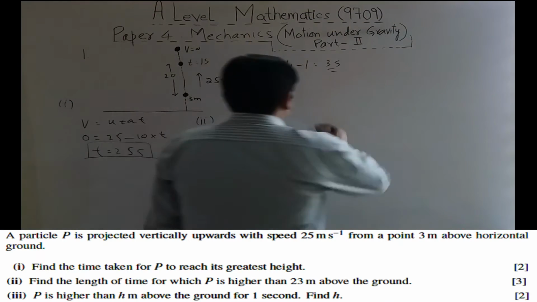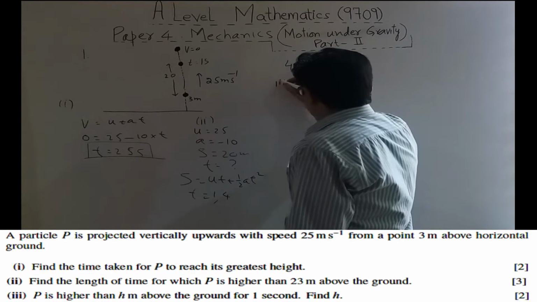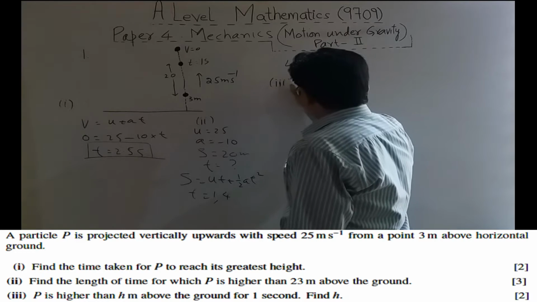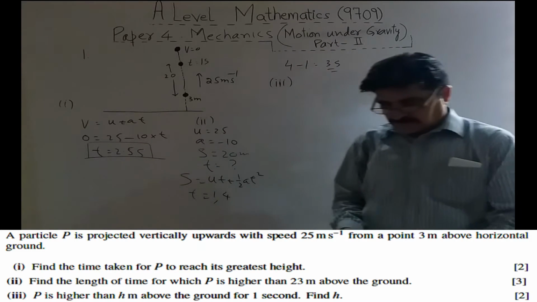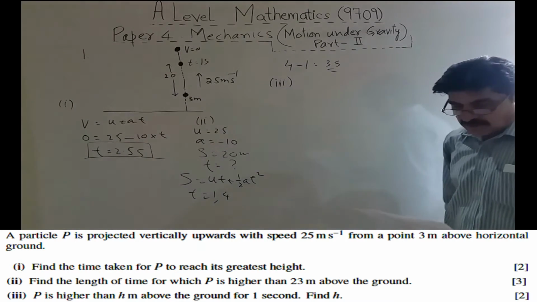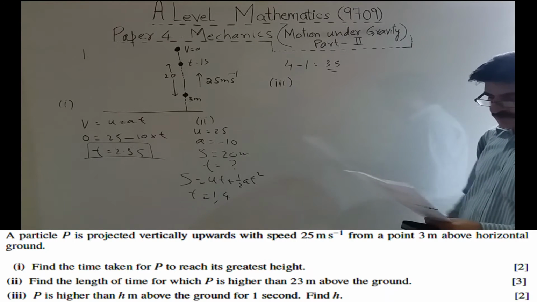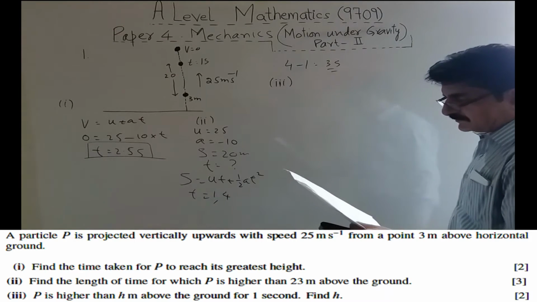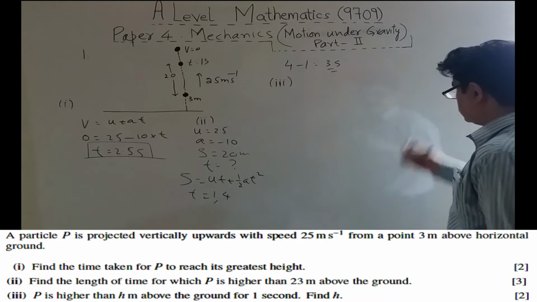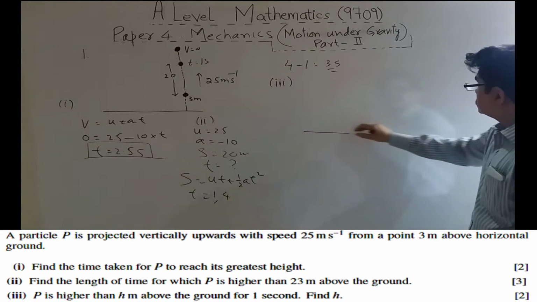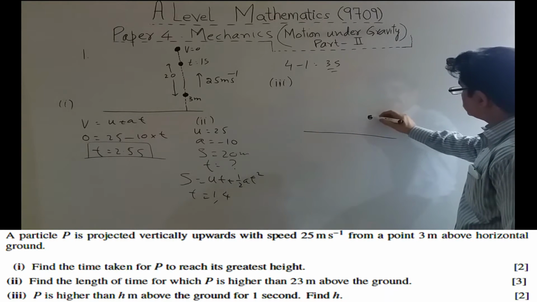Now part 3. It needs more deep thinking. Read the question. P is higher than some height h meters above the ground for 1 second. So I again draw the diagram because it's very important.